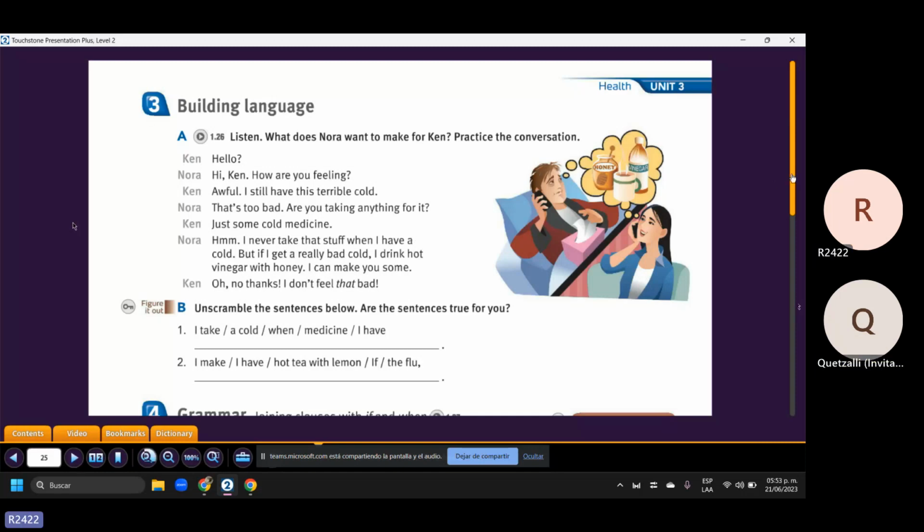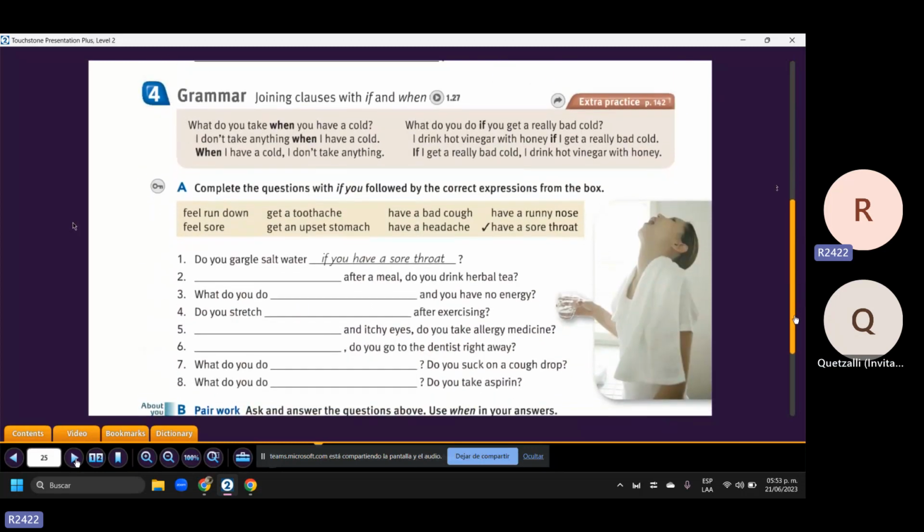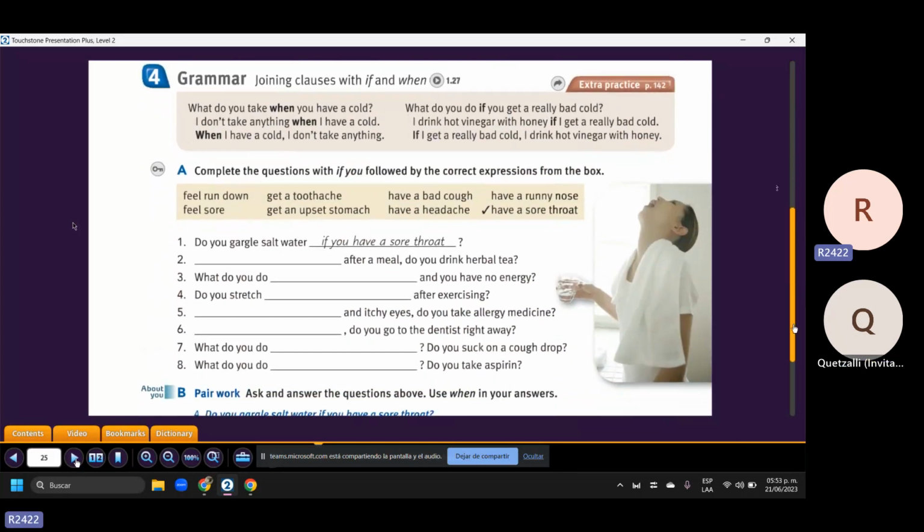So in this case, we are learning some joining clauses with if and when. Okay, a clause is when you write two phrases and one phrase is the consequence of the other phrase.